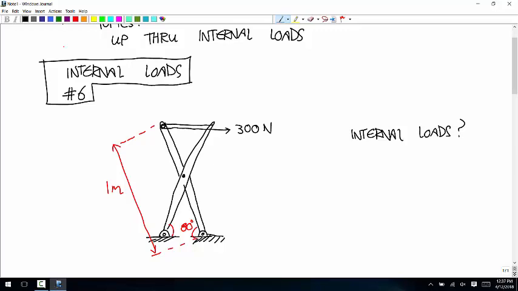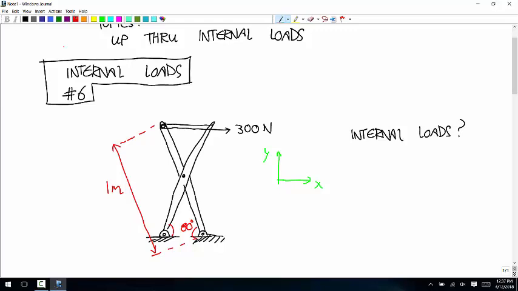Okay, so the first thing I'm going to do is, in a normal coordinate system like this, what we would always do for structures, calculate the external loads on both of those members. And then I'm going to talk about how to use rotation matrices to take our solution to the structure and get it ready to calculate the internal loads for both of those members.